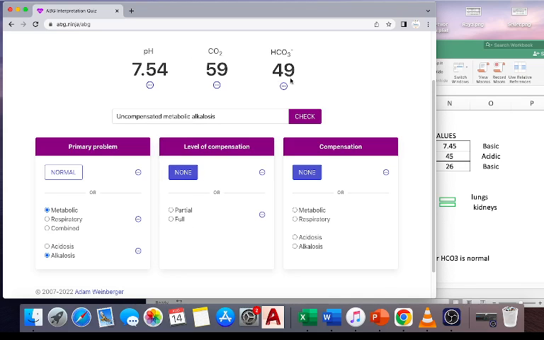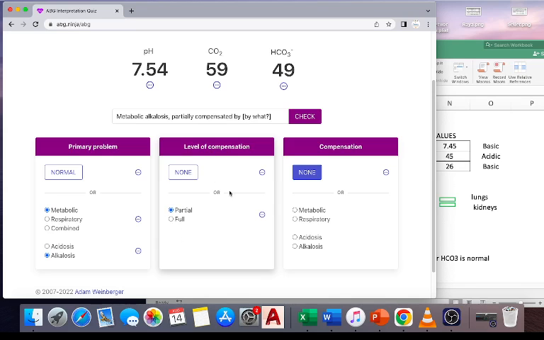But since this is abnormal, something is wrong. Next, I'd check the pH. If it's already within the normal limit, it's still an alkalosis, so I would not answer full. I'd use partial. Full means the body is able to successfully fix or compensate the primary problem and it's being corrected.